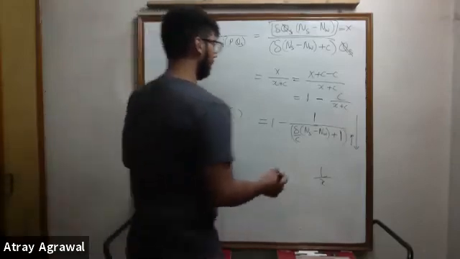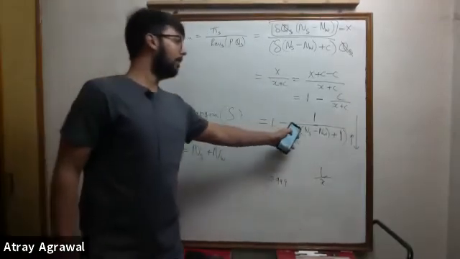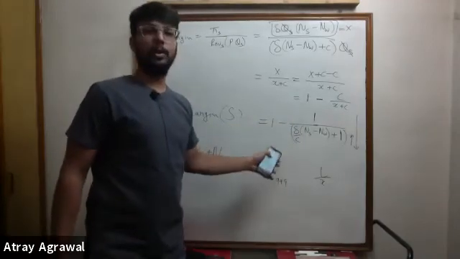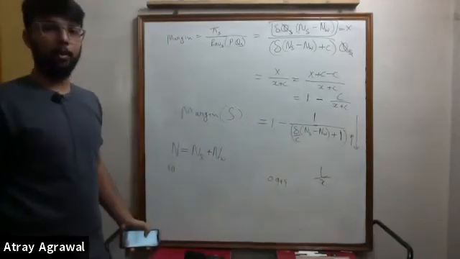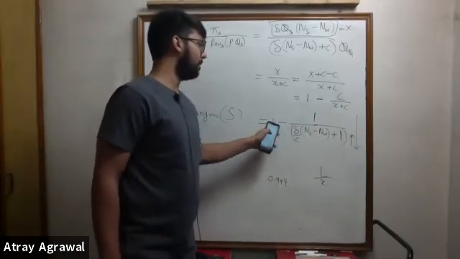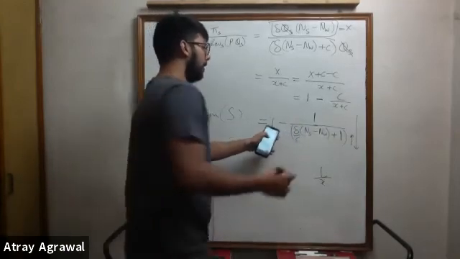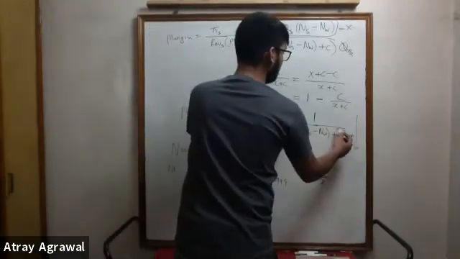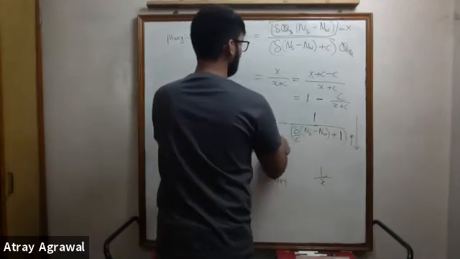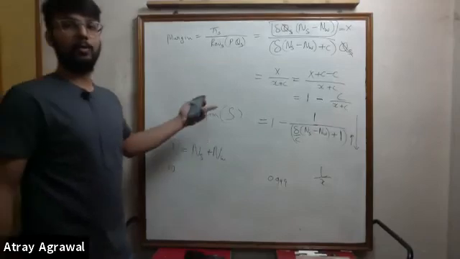Obviously the case here is that delta is greater than 0. If it is not greater than 0, then this will all go for a toss and become the opposite. If delta is 0, then the whole margin will be 0. If it becomes negative, negative minus positive becomes addition, and the whole thing becomes more than 1.